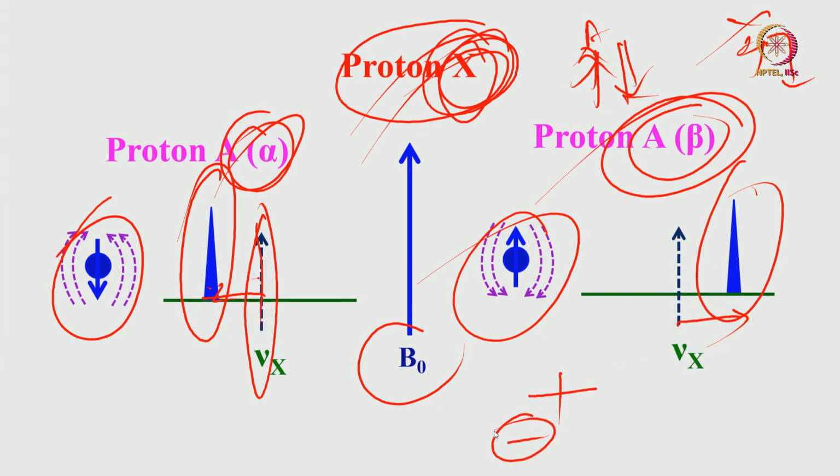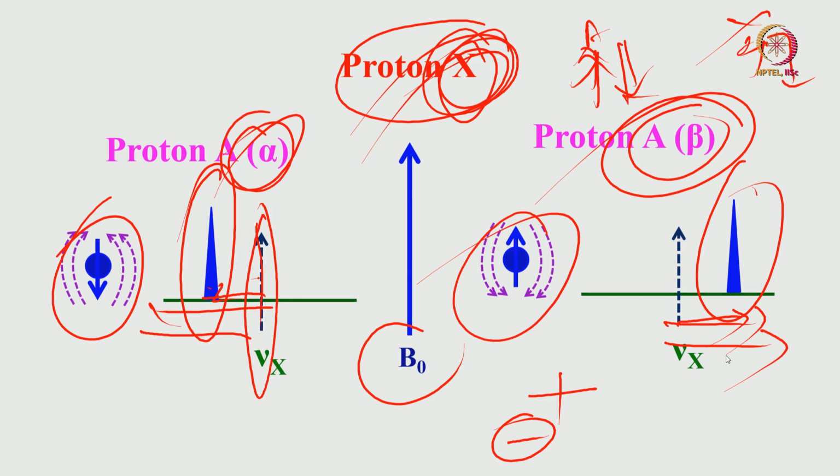As a consequence, it moves the peaks to two different positions, one to the low field, one to the high field region. You understand? The proton X sees proton A in two possible orientations, alpha and beta, and it splits into two. Because of the splitting of the energy level, one peak moves to the down field, one peak moves to the high field. So proton X will become two lines.